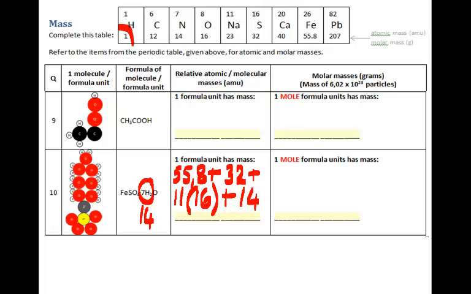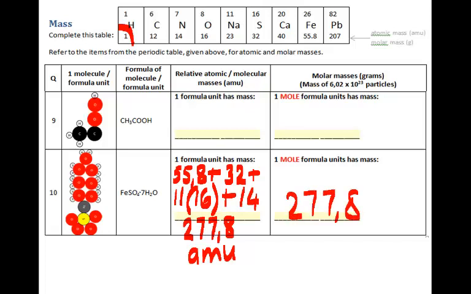So the formula mass of this whole thing is 55.8 plus 32 plus 11 times 16 plus 14, which is equal to 277,8 atomic mass units. A whole mole of these formula units has a mass of 277,8 grams.